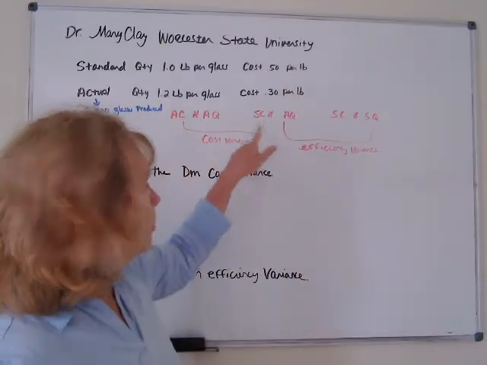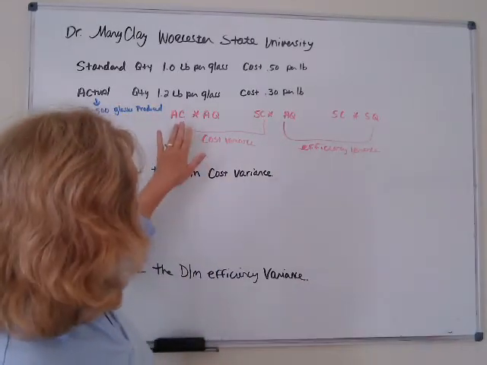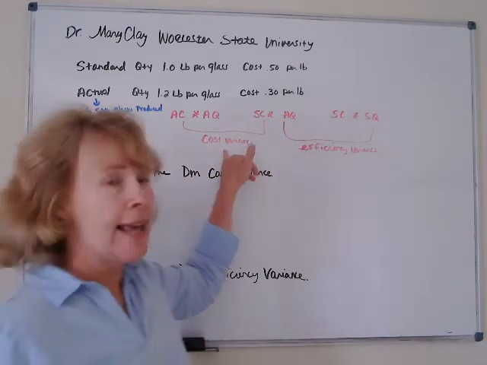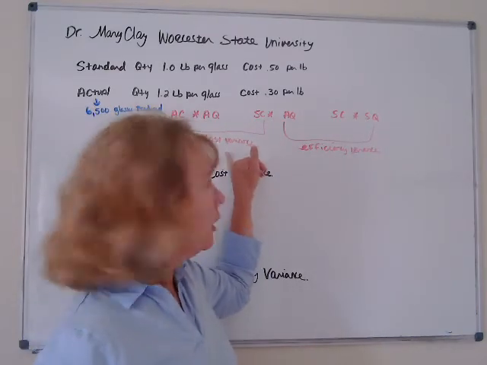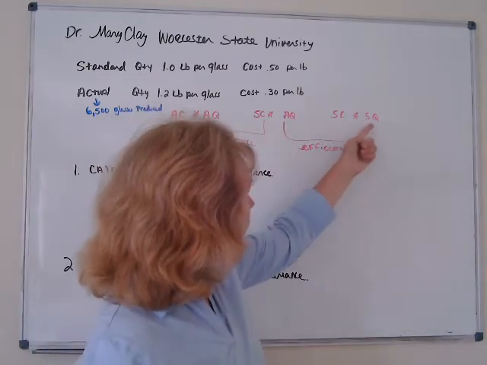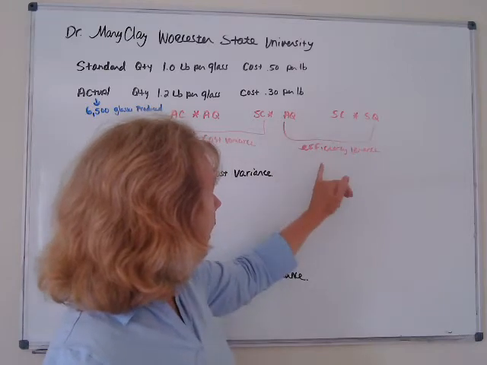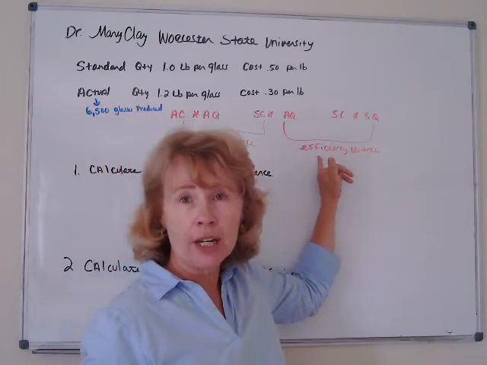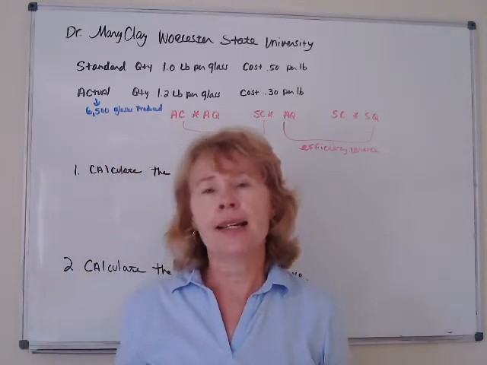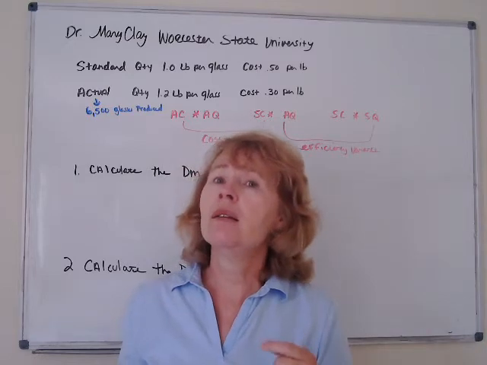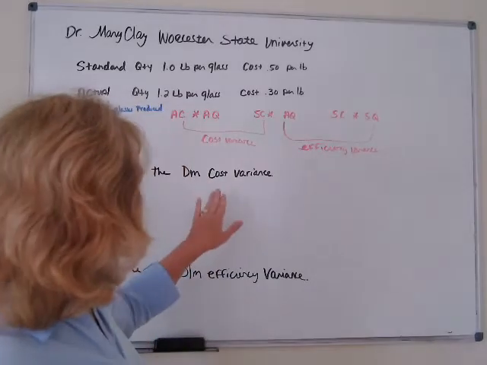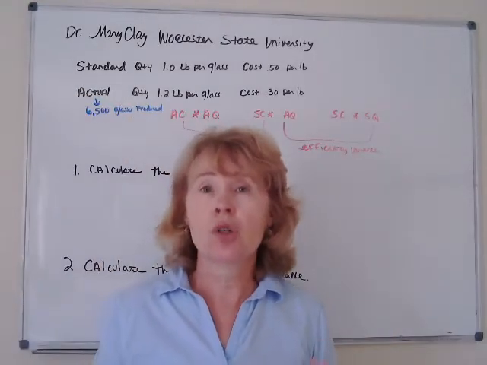Next, I want you to put brackets. From actual cost to actual quantity, standard cost to standard quantity, that will give you your cost variance. Another bracket, completely separate. You're going to bracket off the middle to the end, and that will give you your efficiency variance. I find it much easier to write that equation before I start analyzing problems, because by the time I test, the question might be asking, what is the direct materials cost variance?